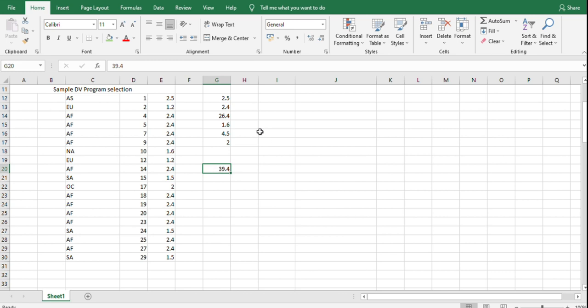And then after calculating the total number of possible selectees by multiplying the total number per region by the possibility of having a derivative of that region, we ended up with 39 selectees. So when they give out the total number of selectees, this is the number that they will give.